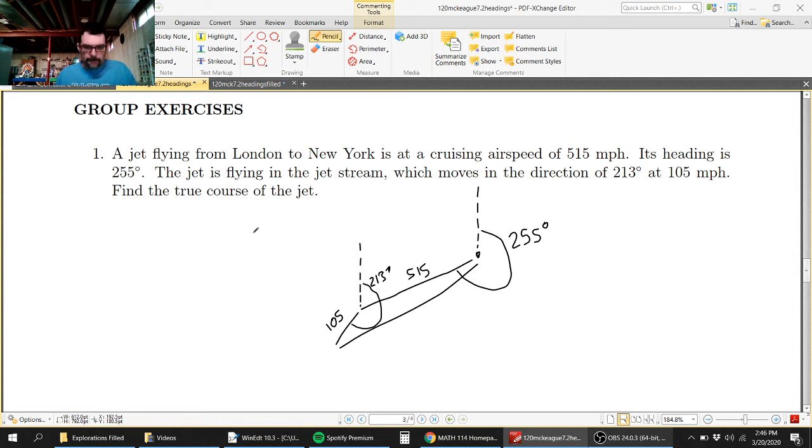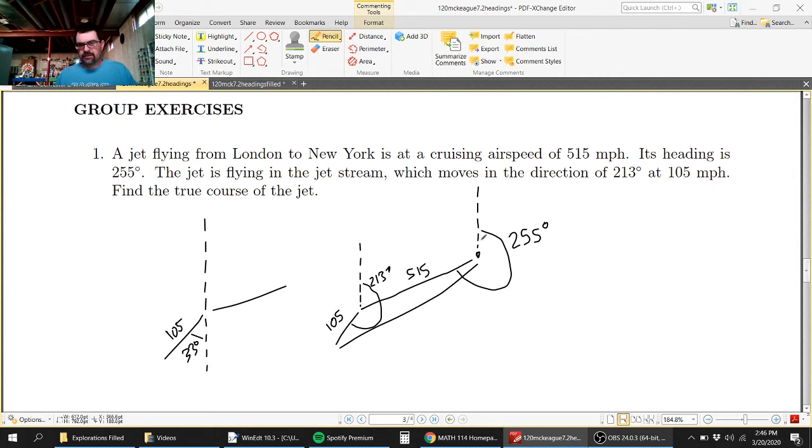I redraw a little bit of this. Here's that side of 105, and this angle here. If we continue this down, this is 213 if you were to go all the way around, and straight south is 180. So 213 minus 180, we have 33 degrees right there.